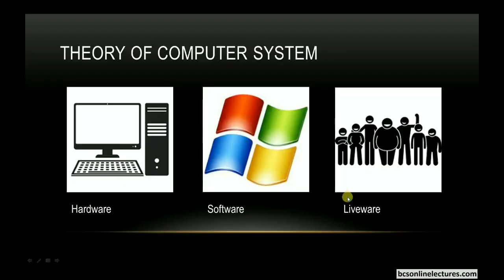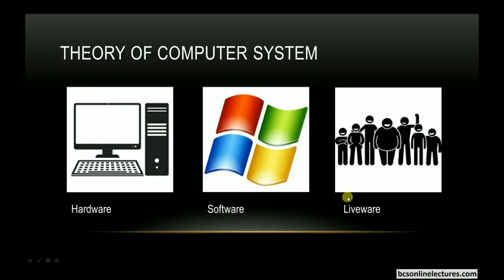Let's try to understand this simple theory of a computer system, because understanding what is a computer system is very important to understand the difference between system software and application software, or the interactions of system and application softwares. Right? So, first let's learn what is a computer system.